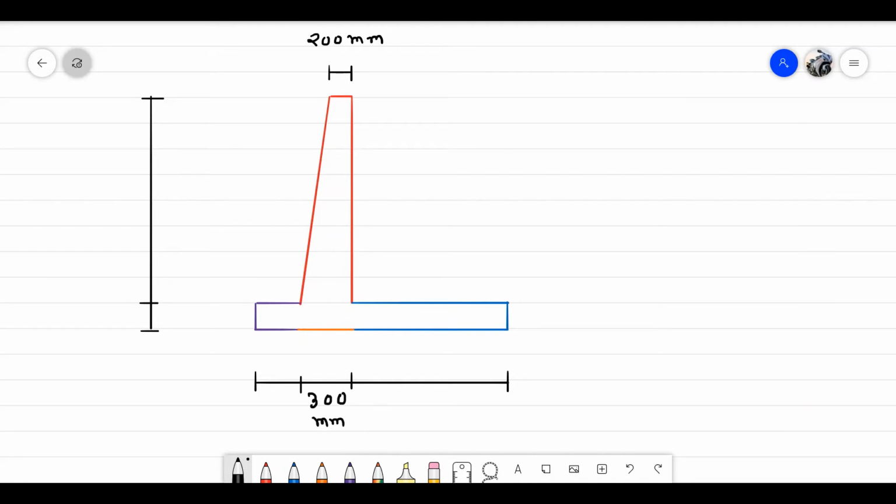Toe slab width is 1700 mm, and heel slab width is 3200 mm. Total height is 8 meter, but thickness of base slab is 450 mm. So total stem height is 7550 mm, right? So these are the dimensions.